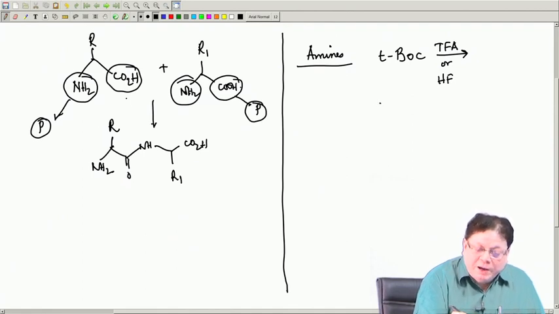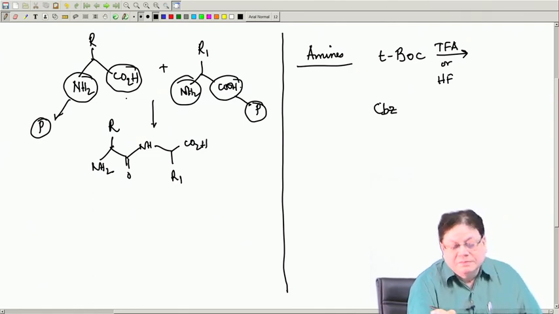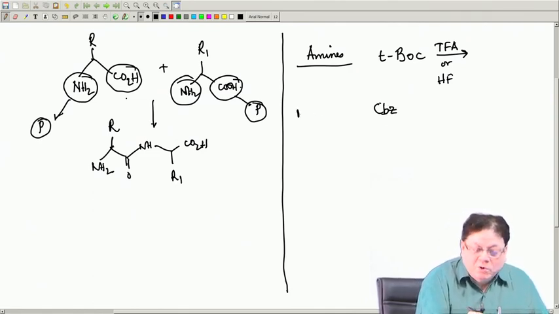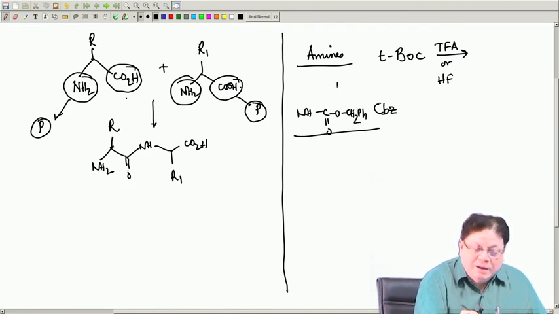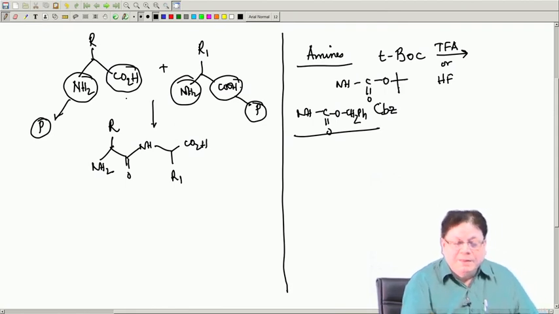The other group I introduced is called CBZ, that is, to be precise, NH CO O CH2 Ph. And the BOC is NH CO O and then a tertiary butyl.